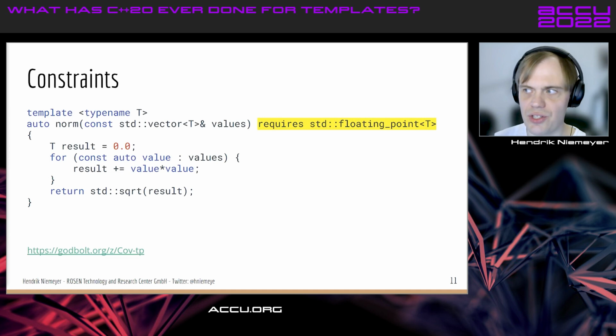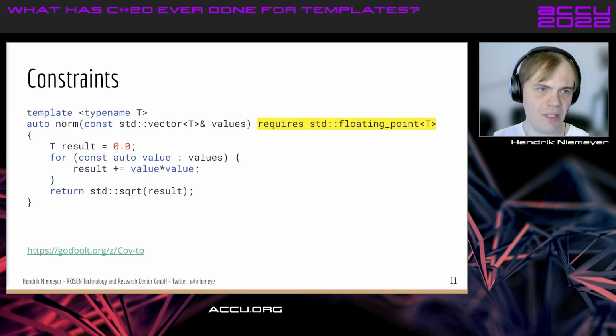And we have a concept here, which is std::floating_point from the concepts header, which is true if the type T is a floating point type. And of course, these requires clauses can also be used for class templates, variable templates, or alias templates. But for simplicity, I show here only an example for a function template.